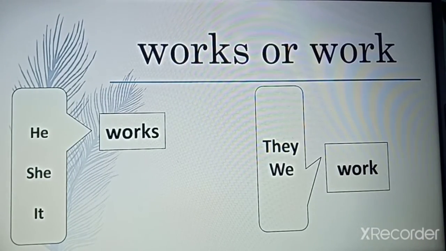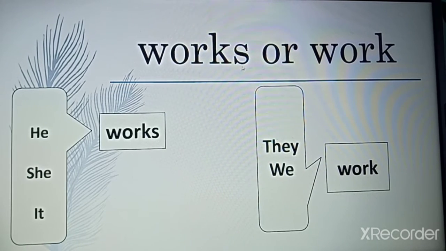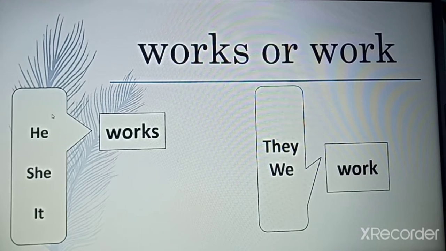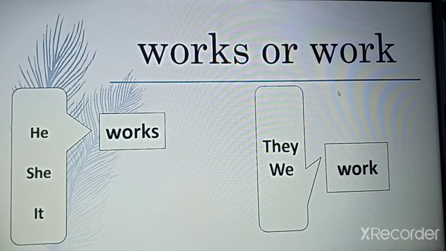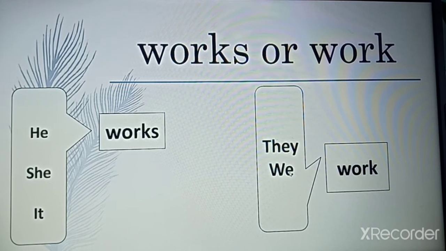Before we start with our main topic, I would like to do a little bit of explanation first about this: works or work. When we say works, you're going to use works if the pronoun is a singular person. But if you're going to use work in a statement or in a sentence, you're going to use plural person, they or we.